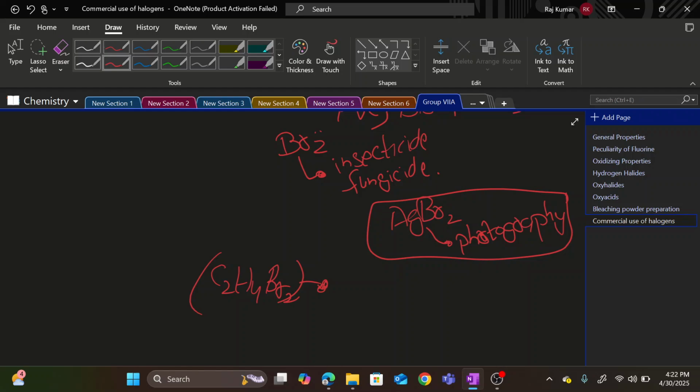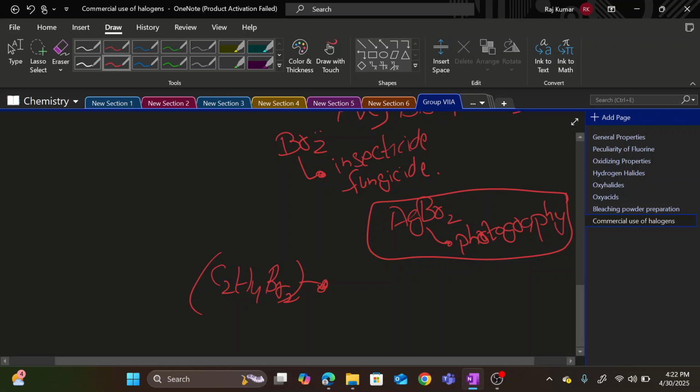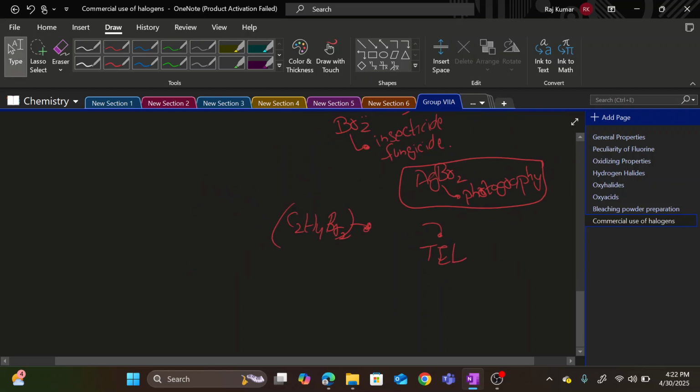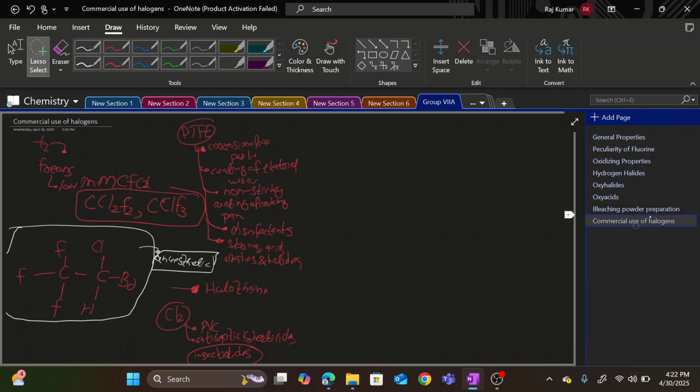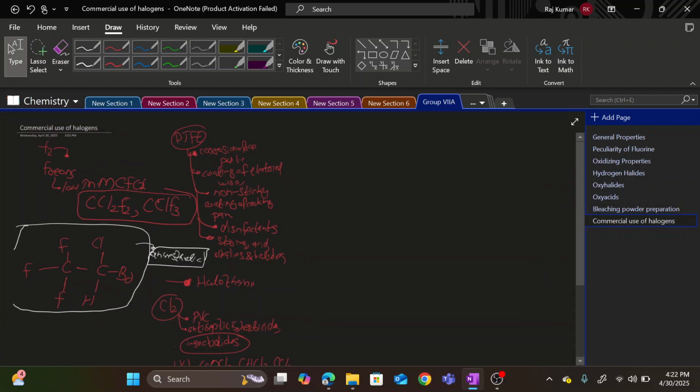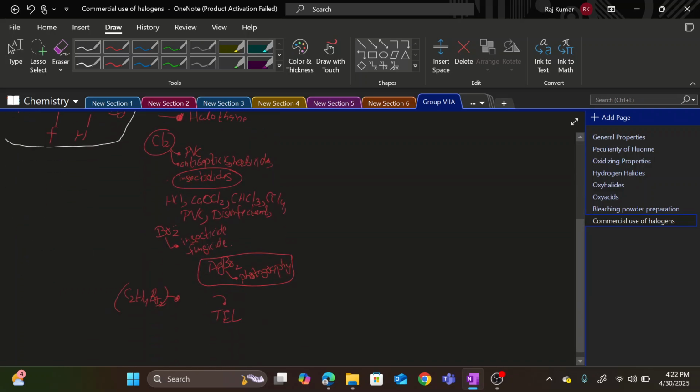Ethylene dibromide prevents the action of several leaded compounds in gasoline, such as lead sulfate and lead oxide, from damaging the engine. So it prevents the damage of the engine by inhibiting the action of lead oxide and lead sulfate in the leaded gasoline. And how does that lead come? That comes from tetraethyl lead, TEL, which is a different topic which we have studied in cracking and reforming. So these are a few more advantages.